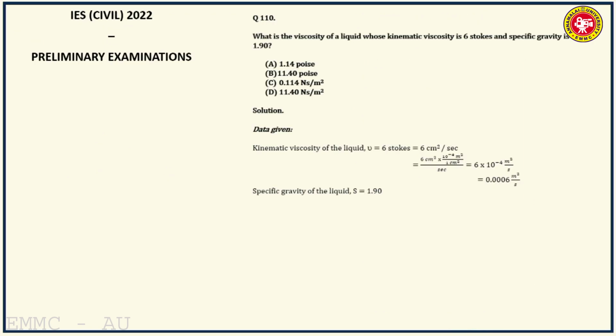Now this is Indian Engineering Services Examinations 2022, Civil Engineering Preliminary Examinations MCQ, question number 110 in that. What is the viscosity of a liquid whose kinematic viscosity is 6 Stokes and specific gravity is 1.90? So kinematic viscosity is given, that is 6 Stokes. 1 Stoke is 1 centimeter square per second.